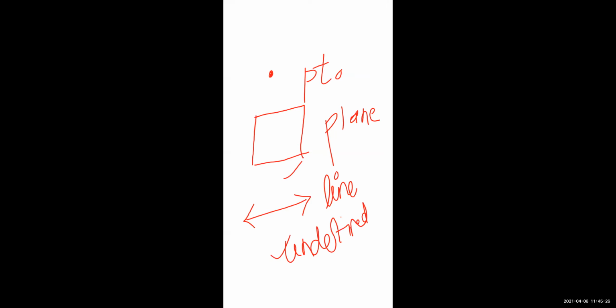Because, yes, because it has an undefined, indefinite measurement, because we can extend this line on both directions, and same for a plane, we can extend it on all four directions. So they are called as an undefined term in a geometry.